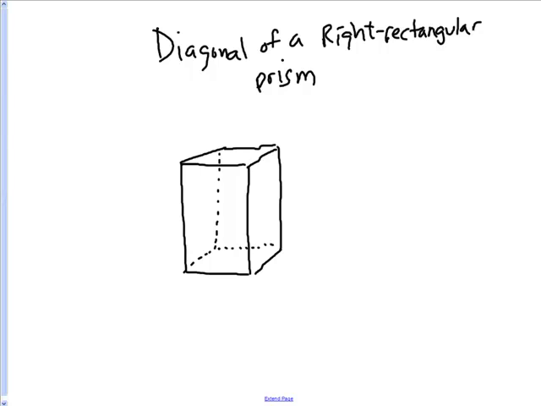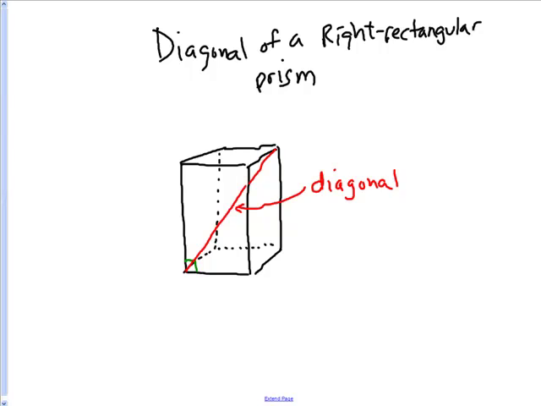So here we have a right rectangular prism. The diagonal is a segment whose endpoints connect to two different faces of the prism. So if I start from this corner at the left front and I go to the corner at the right rear, remember this is inside the prism. That is the diagonal.